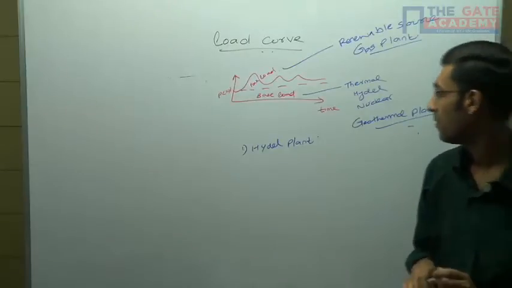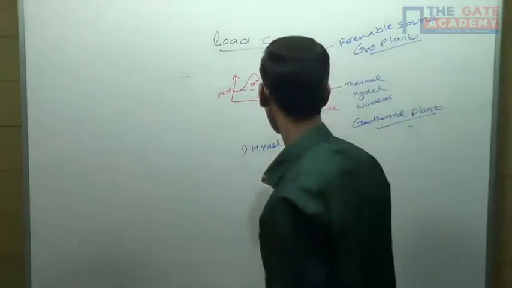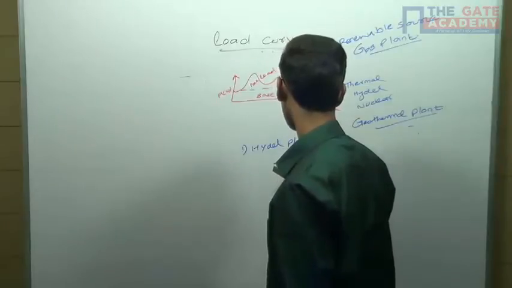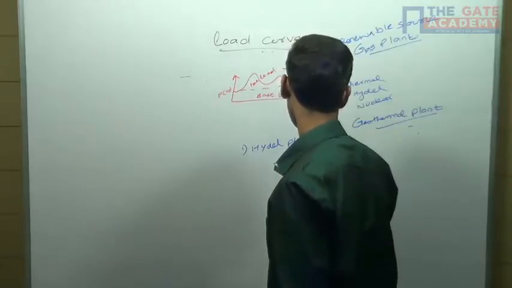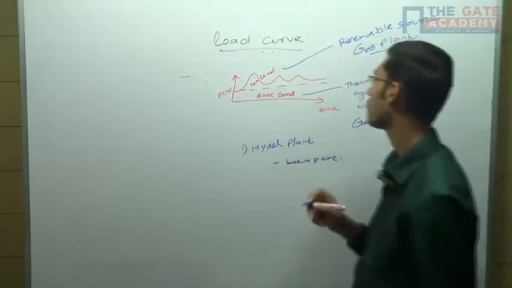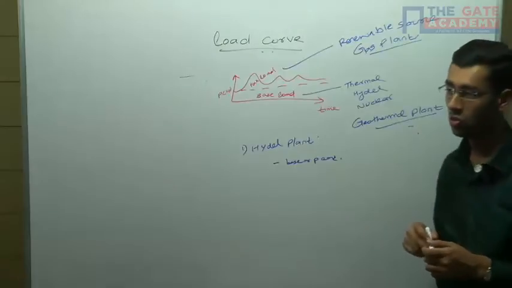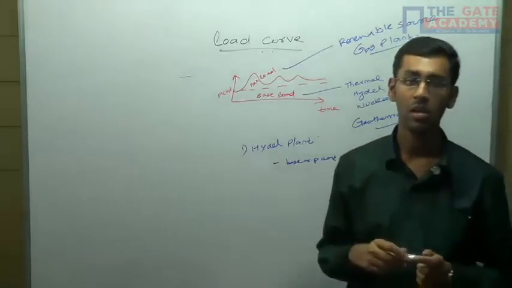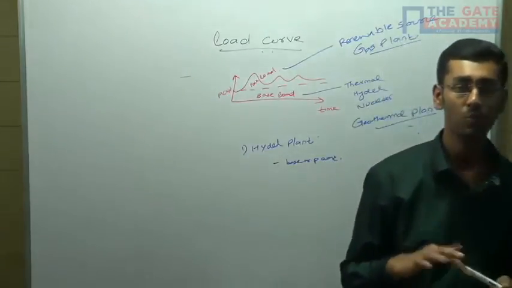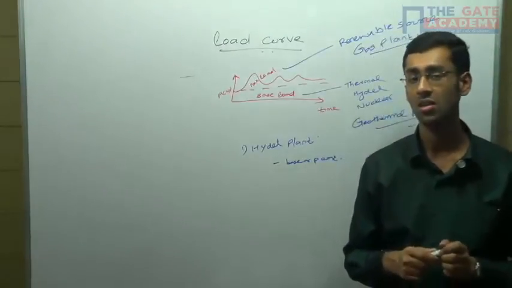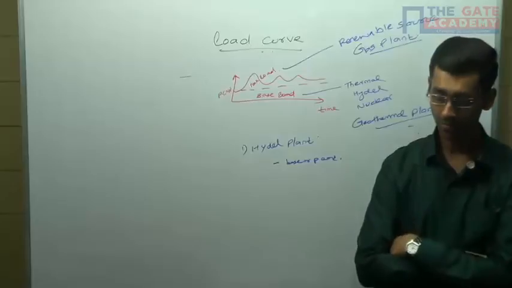In this case, we'll say that my hydel plant can be used as either base or peak, because it can also be used for the peak plant. Usually it is used for base load, but if the option is there that it can be used as either base or peak, then you will go for that option.